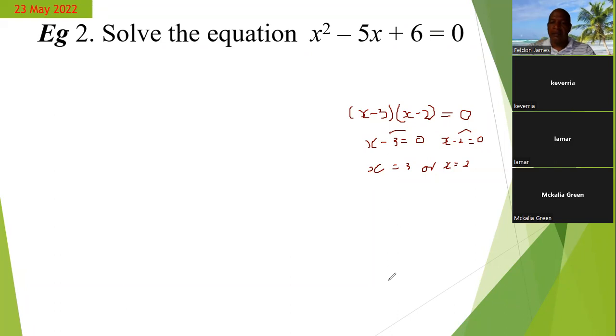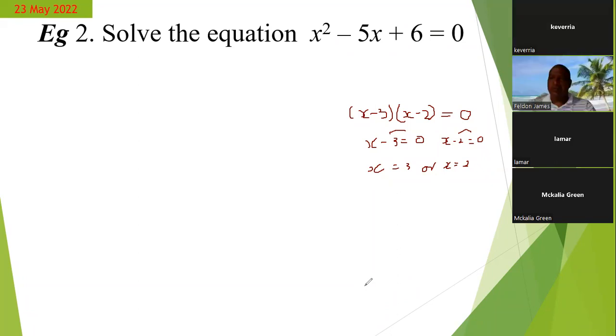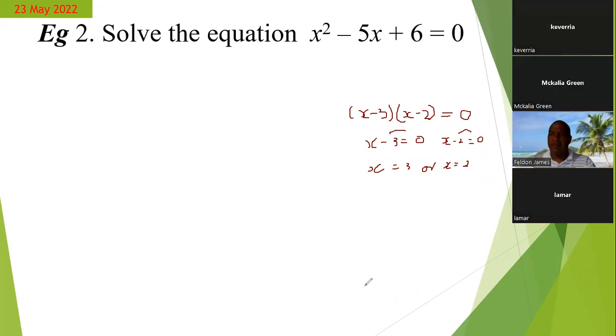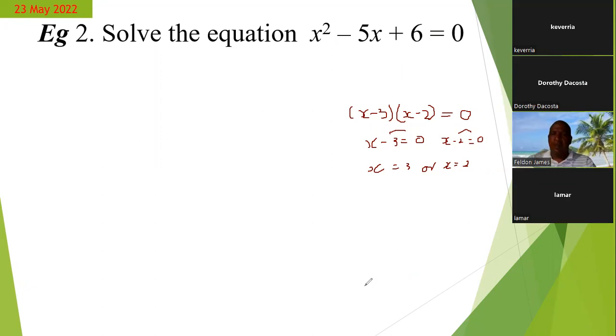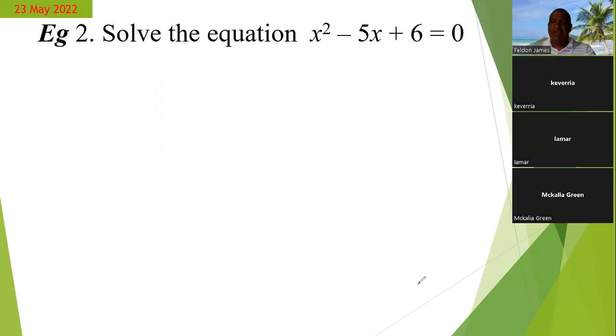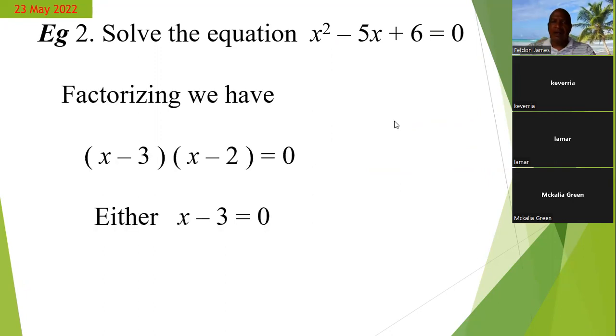All right. So is that clear to everybody? Raise your hand if everybody is okay. All right, good. All right, so with that said, guys, once you factorize, you get that.